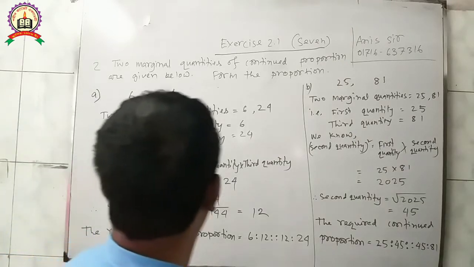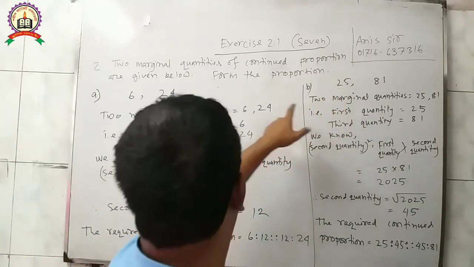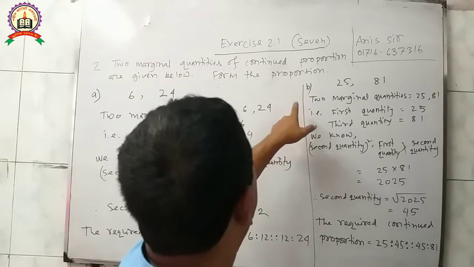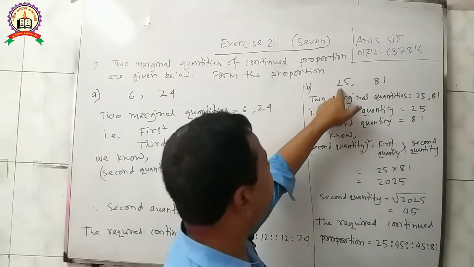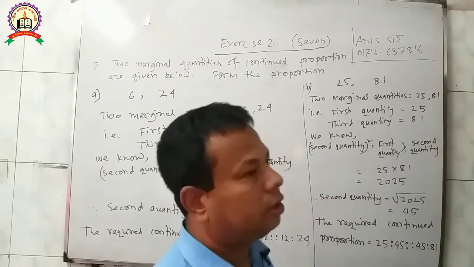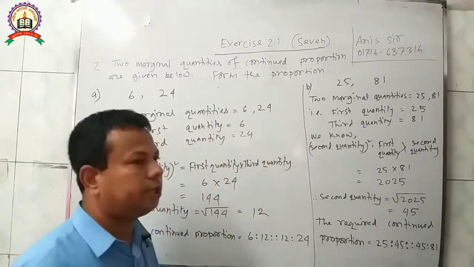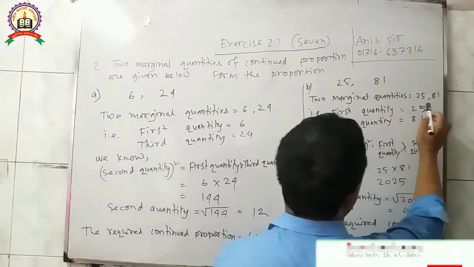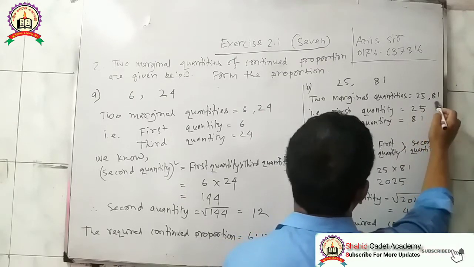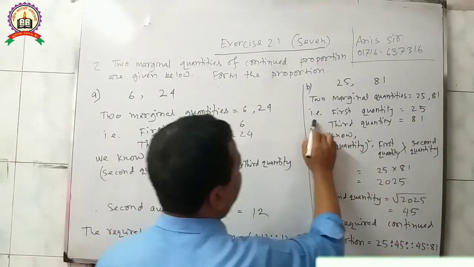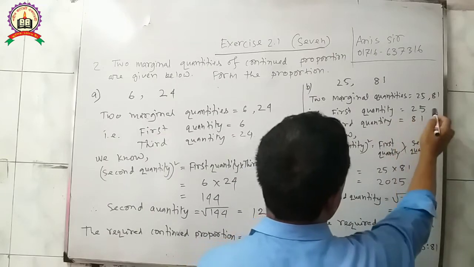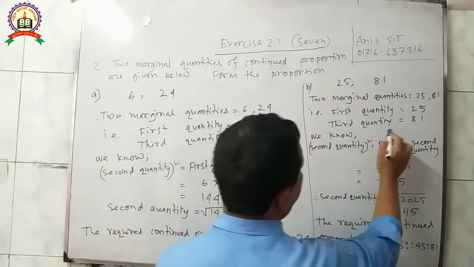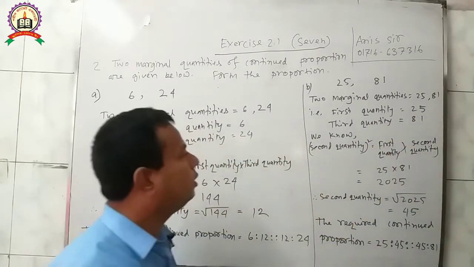Then B of 2, given two marginal quantities 25, 81. In the same way you have to complete it. Two marginal quantities equal to 25 and 81. That is, first quantity equal to 25 and third quantity equal to 81.